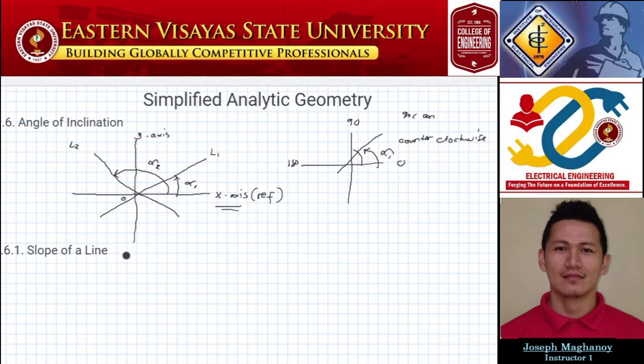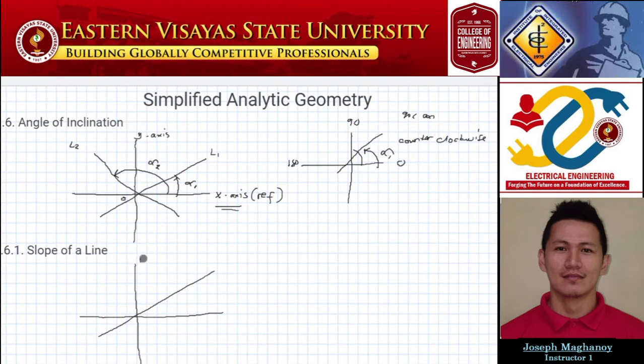Okay, let's move to slope of a line. The slope of a line depends on the degree of its steepness. Let's draw another Cartesian plane. For example, this is our Cartesian plane, and we have a certain line.